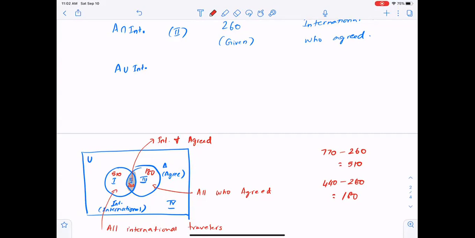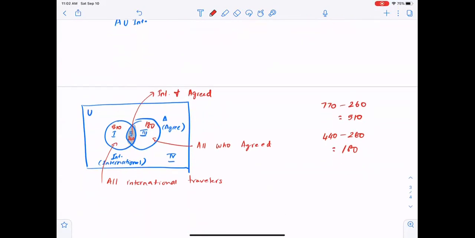So A union International would now consist of the counts 510 plus 260 plus 180. So that would be 770 plus 180. We get 950.